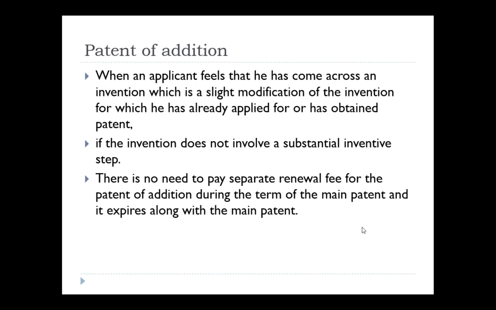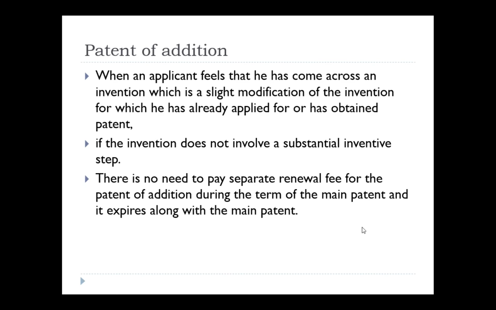So in a value addition case, what are all the things you should do? When an applicant feels that he has come across an invention which is a slight modification, understand the words slight modification, of the invention for which he has already applied or obtained a patent, right?